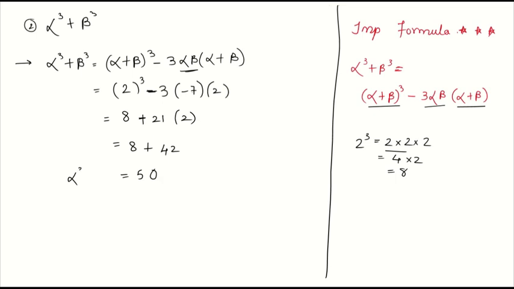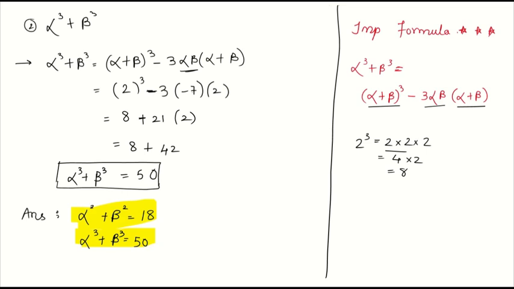So alpha cube plus beta cube is equal to 50. So for question number 6, the answer is alpha square plus beta square is 18 and alpha cube plus beta cube is 50.